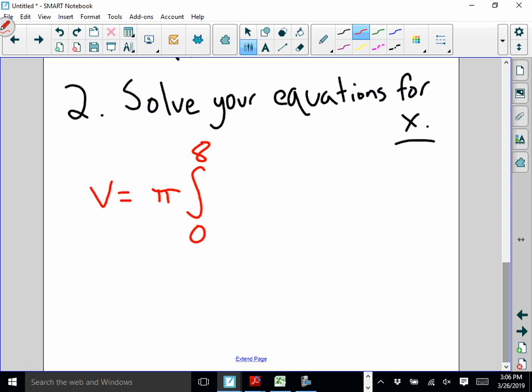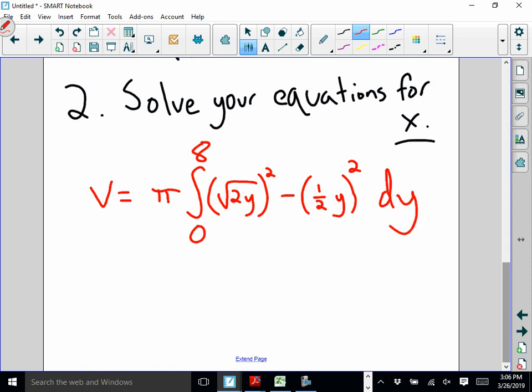Big radius squared, the big radius was root 2y, and I have to square that, minus the little radius squared, the little radius was half y, and I have to square that. And now my integral, instead of being in terms of dx, I'm integrating with respect to the variable y. So when we revolve around the y-axis, our integral should say dy at the end. When we revolve around the x-axis or any other horizontal axis, it should be in terms of dx.